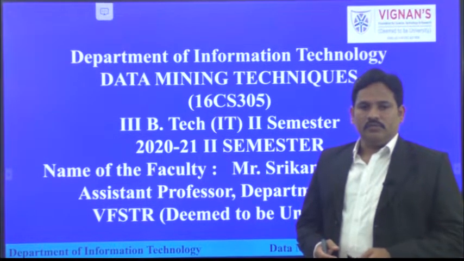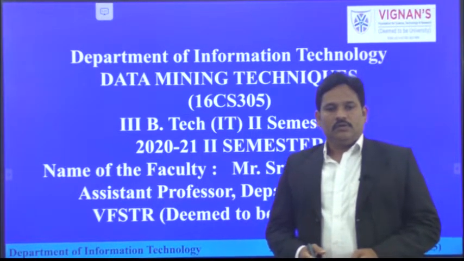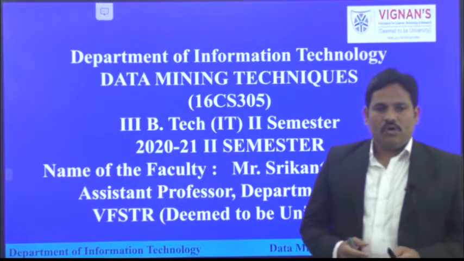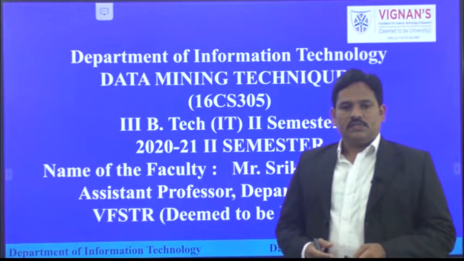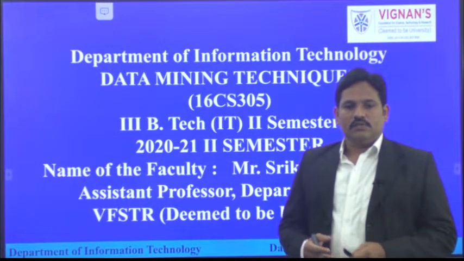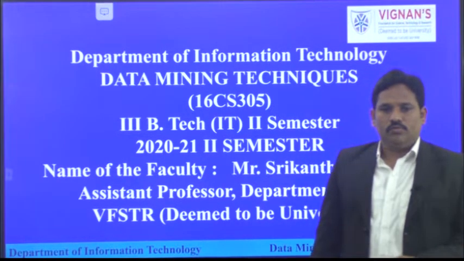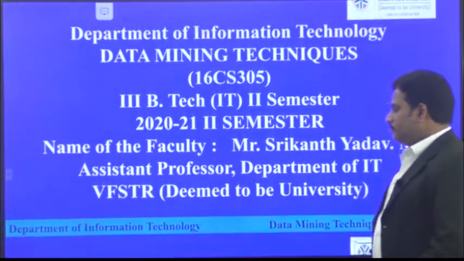Now in this unit number 3, we are going to discuss the use and working of association analysis and how we can apply association analysis in real-time applications, and we will see some suitable examples. We will continue and study the various association algorithms which are going to be used in data mining applications. Let's move to the content.